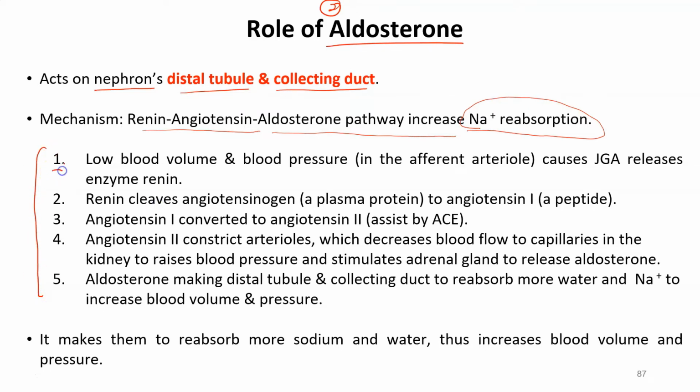So for number one, it says here low blood volume. Low blood volume and low blood pressure in the afferent arteriole cause the JGA, which is a set of cells, to release the enzyme renin.